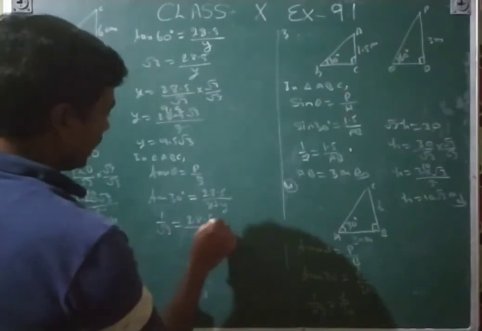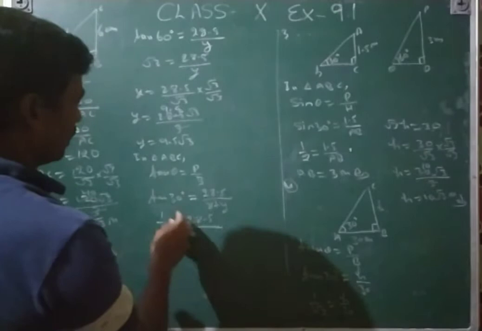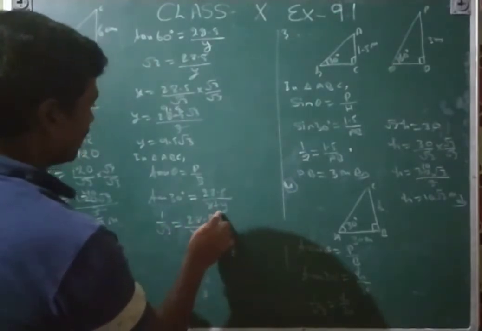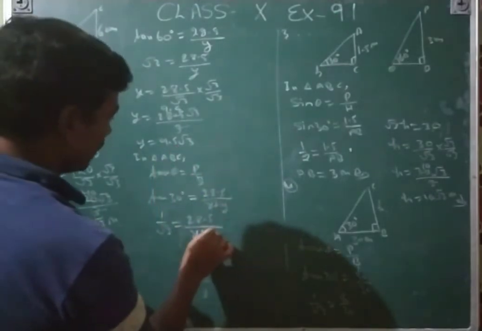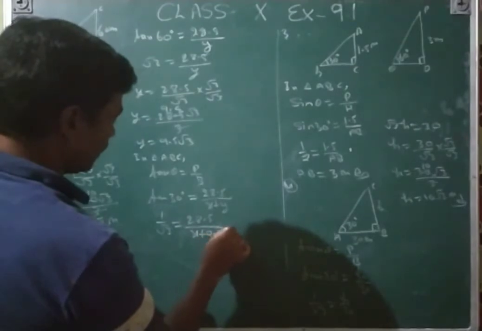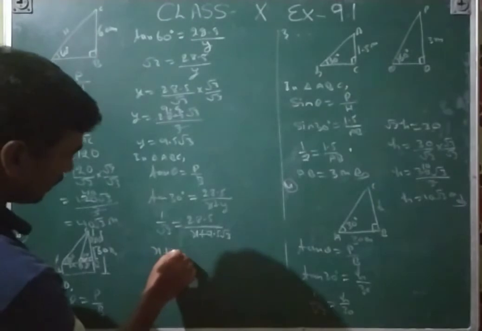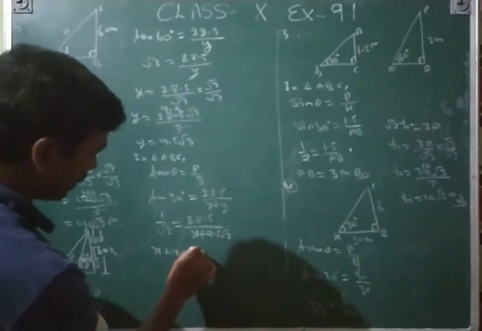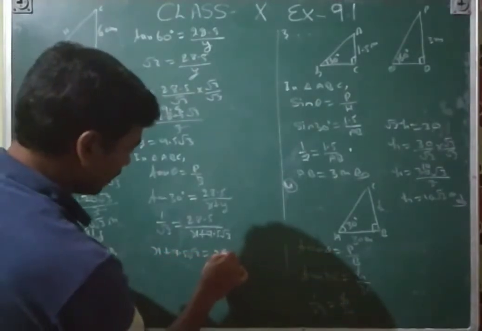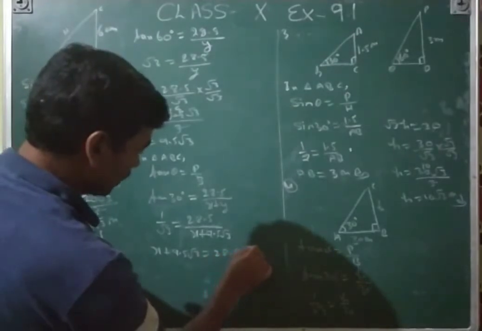28.5, and then the x value we have to find, and the y value we have already found, 9.5 root 3. Then by cross multiplication, x plus 9.5 root 3 is equal to 28.5 root 3.